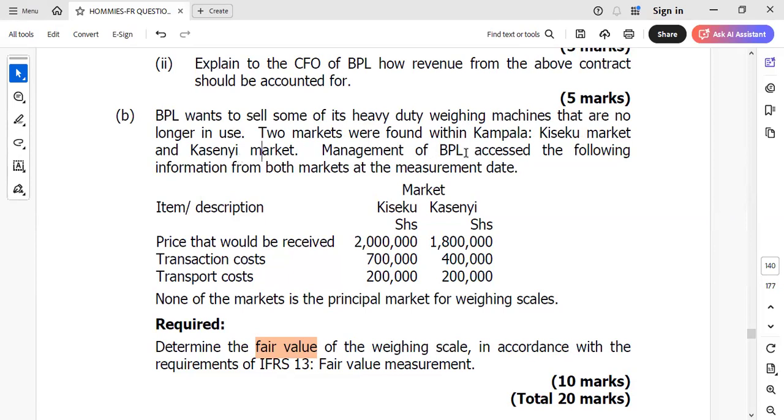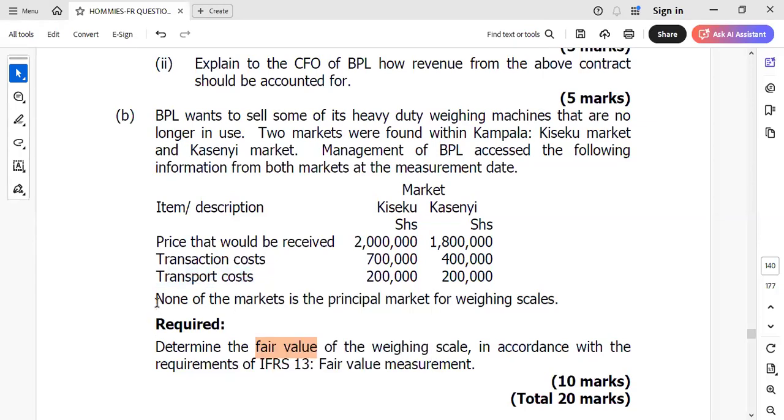Management of BPL assessed the following information from both markets at the measurement date. You have two markets and you're told the price that would be received from each market. You have the transaction costs, you have the transport costs.